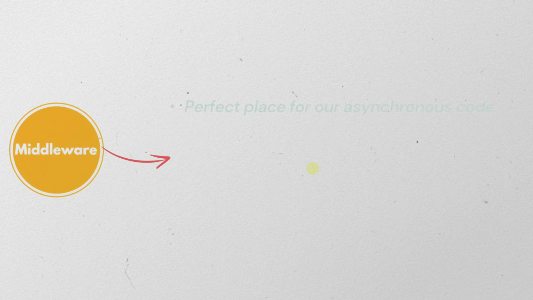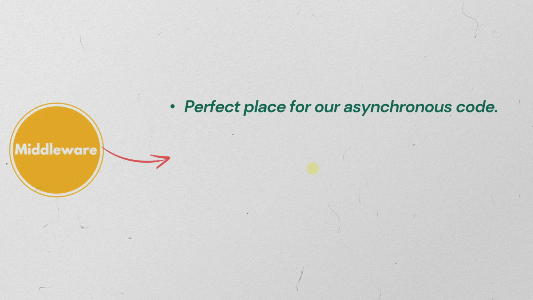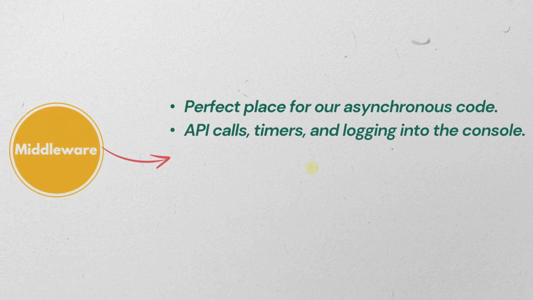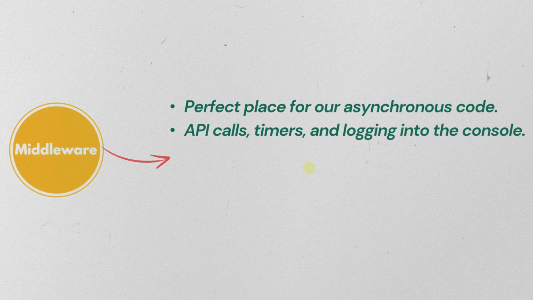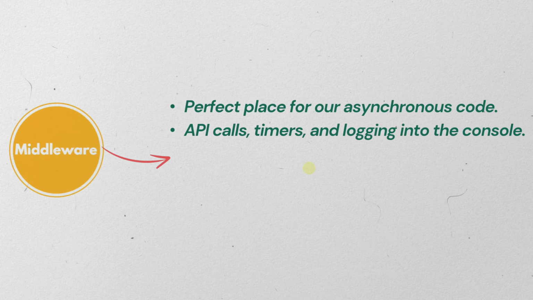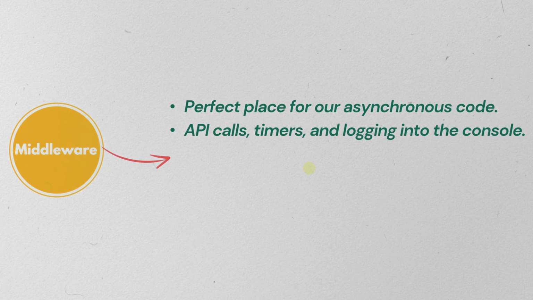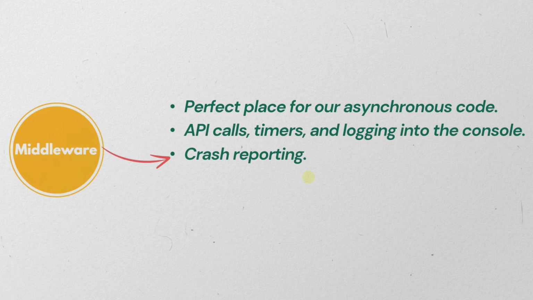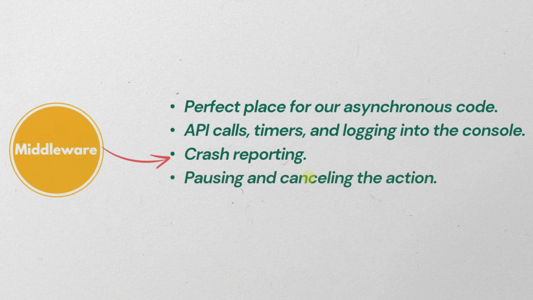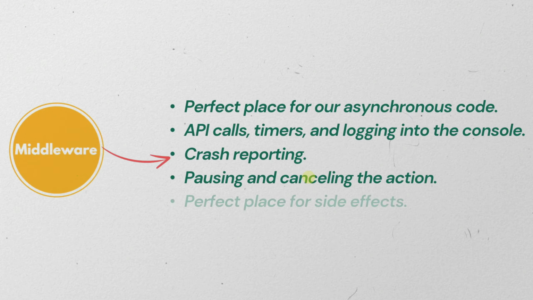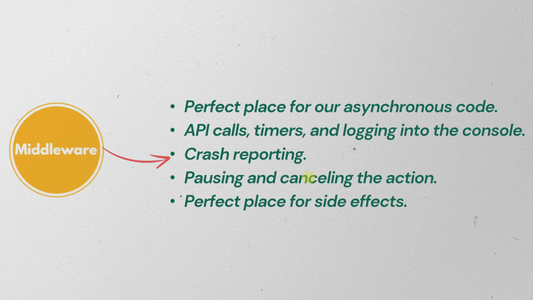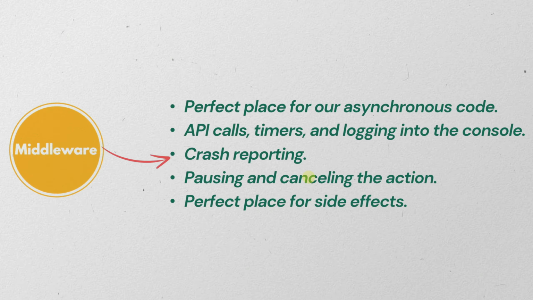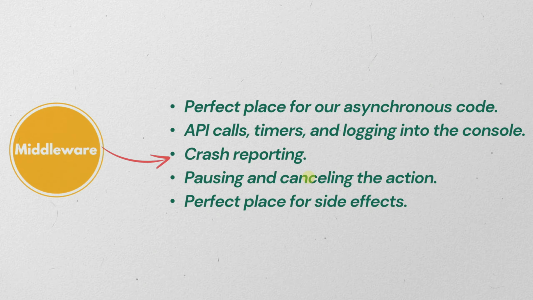Therefore, this is the perfect place for writing our asynchronous code, and we can easily make our asynchronous API call. We can write logic for setting timers and logging something inside the console. We can also do crash reporting, pausing and cancelling the action, and it is also the perfect place for side effects. So middleware is a one-stop place for side effects in the Redux cycle.